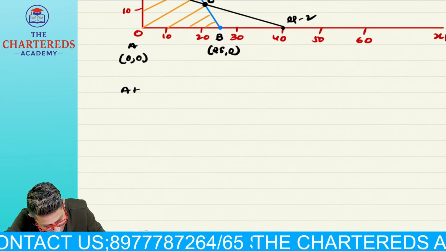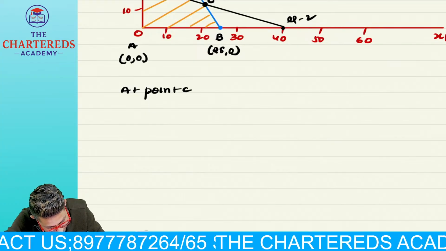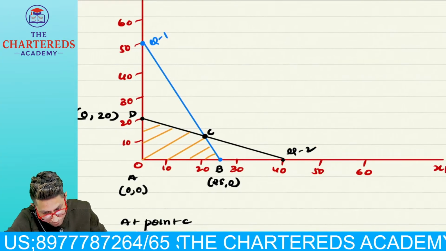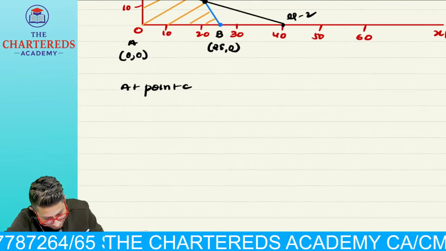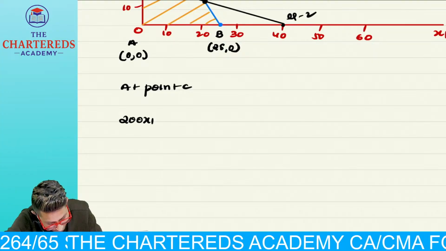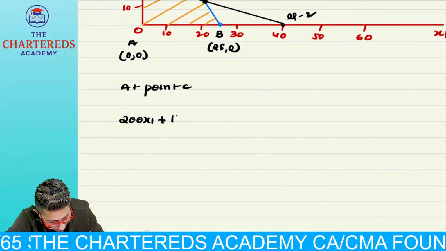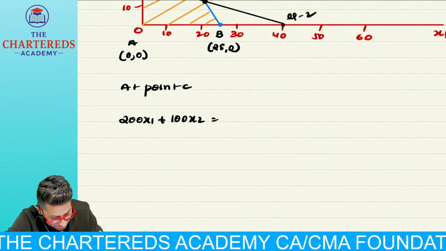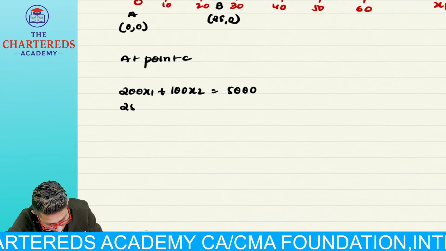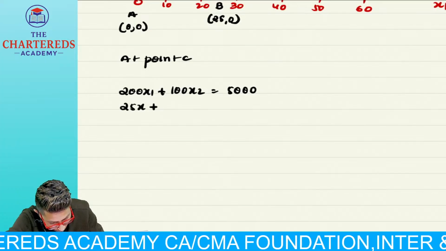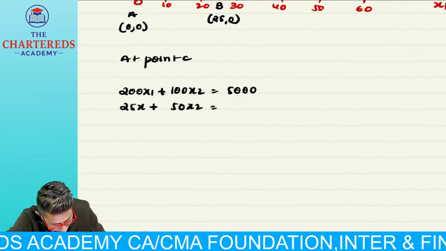So at point C, two equations we have to solve. Can you tell me equation number 1? 200 x1 plus 100 x2 is equal to 5000. And the second equation? 50 x1 plus 100 x2 is equal to 2000.